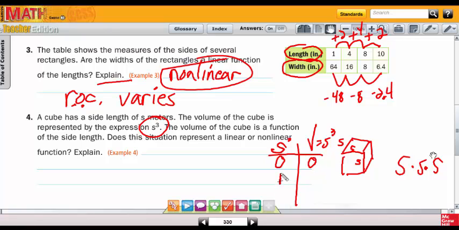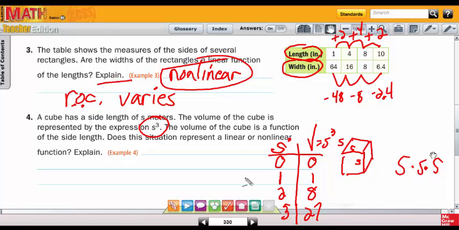If we put in a side value of 1, 1 times 1 times 1 is going to be 1. If we put in a side length of 2, it's 2 times 2, which is 4, times 2 is 8. And if we put in 3 is as far as we'll go here, then we're going to have 3 times 3 times 3 is 27.